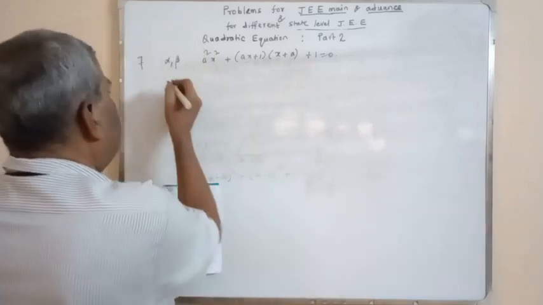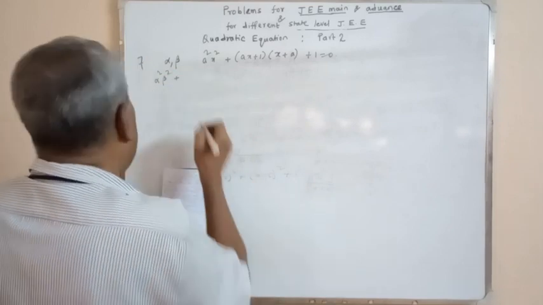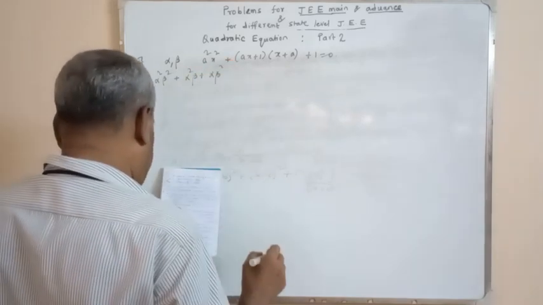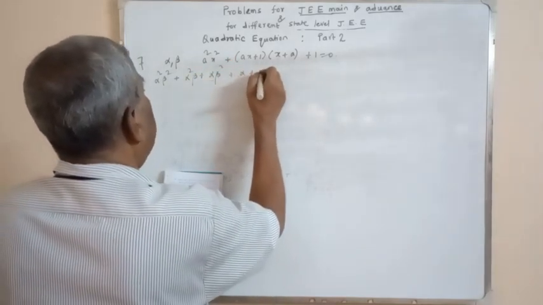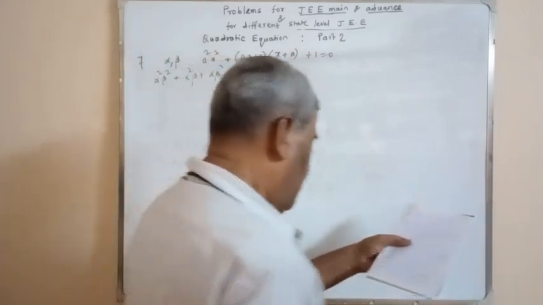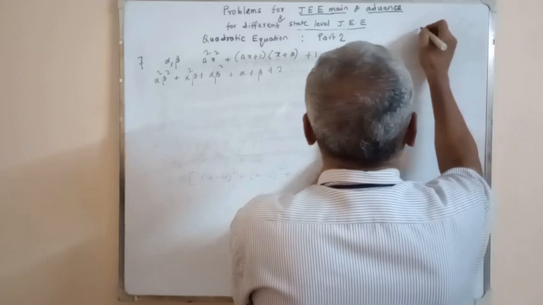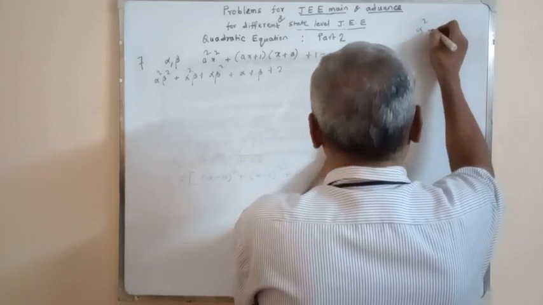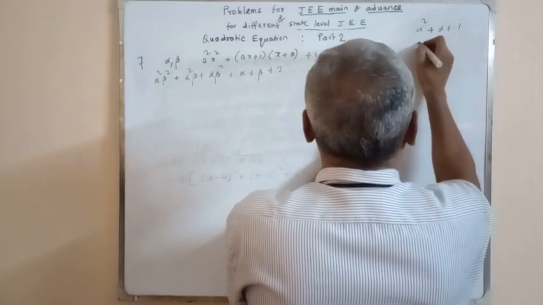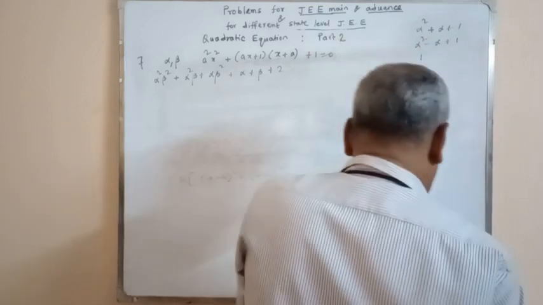Then the value of alpha square beta square plus alpha square beta plus alpha beta square plus alpha plus beta plus 2, value of this we have to obtain. And options are alpha square plus alpha plus 1, alpha square minus alpha plus 1, 1 and 2. These are the options.